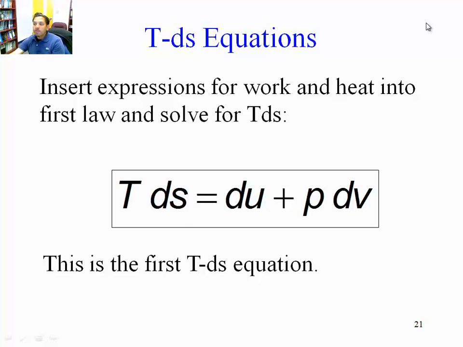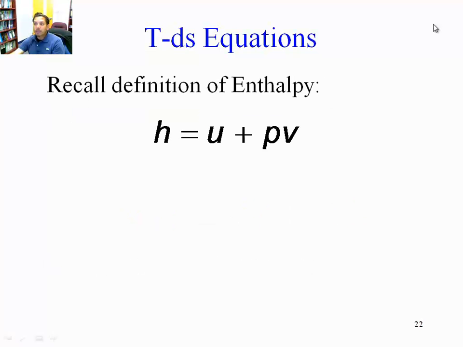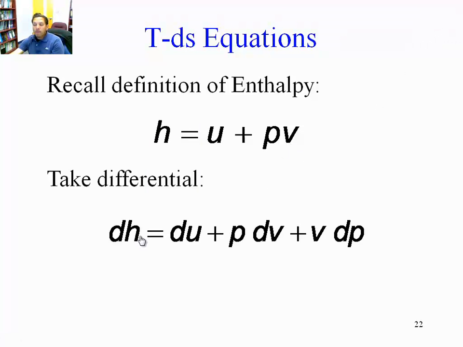Furthermore, we can take, for example, the definition of enthalpy. Remember that enthalpy is equal to U plus PV. If we take the differential of this, then we can say that dH is equal to dU plus the differential of PV, and then we can solve this by the product rule. So dH is equal to dU plus PdV plus VdP.